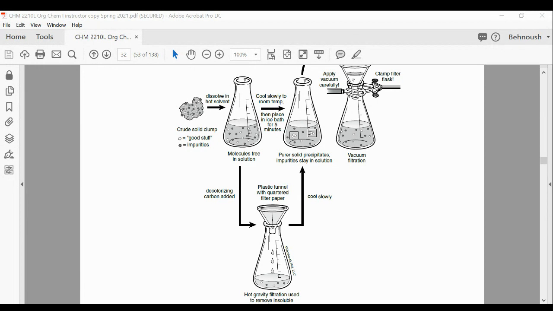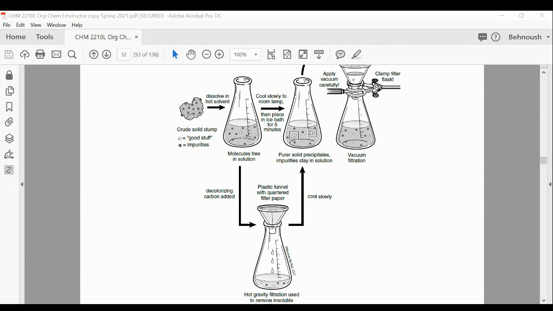So just like when Sammy said, when you cool down the solution, it's not going to come back to crystals. The impurities would stay in the solution. So they should either not be soluble at high temperature, and that's obvious. If it doesn't dissolve at high temperature, it's not going to dissolve at low temperature. That's one class of impurities.